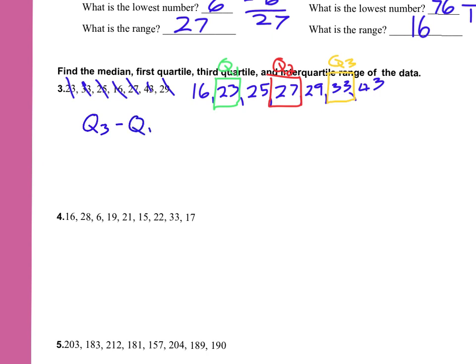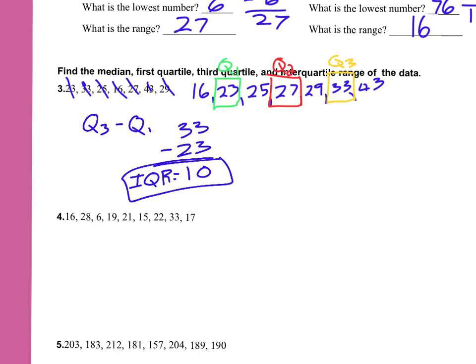So we're going to go 33 minus 23, which is 10. So my IQR is 10. My Q1 is 23. My Q2 is 27, and my Q3 is 33.